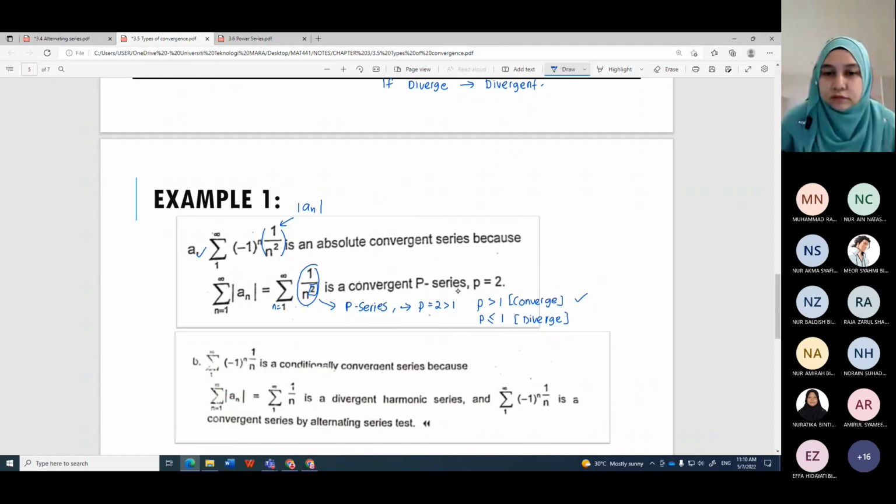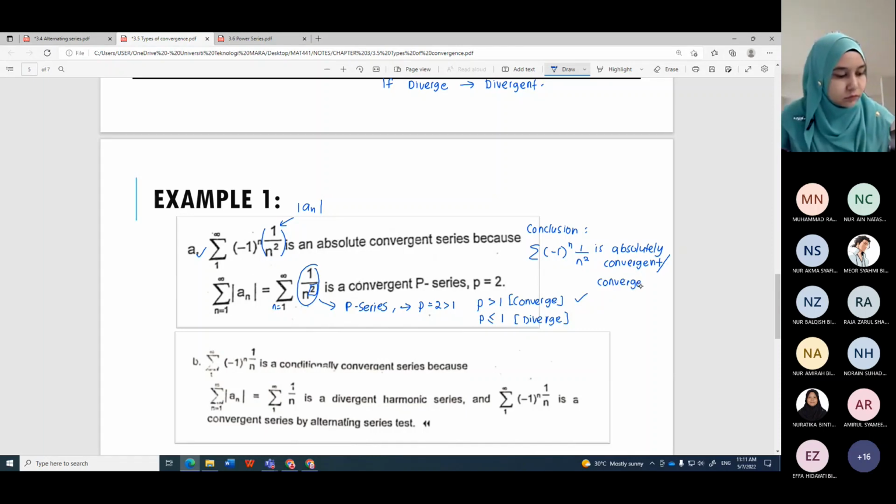Therefore, boleh buat conclusion overall: is absolutely convergent.